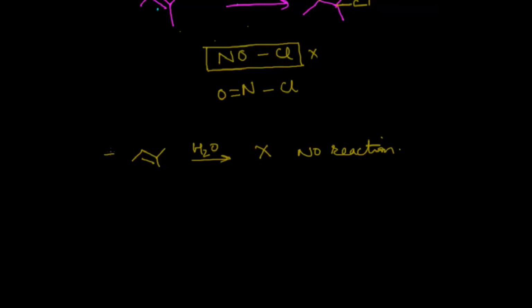Here the important thing is H2O. It is not an ionic compound. It is not dissociating like H plus plus OH minus. A very small amount of H plus is present with this OH minus, so that is not sufficient to activate this alkene to make a bond with H plus.